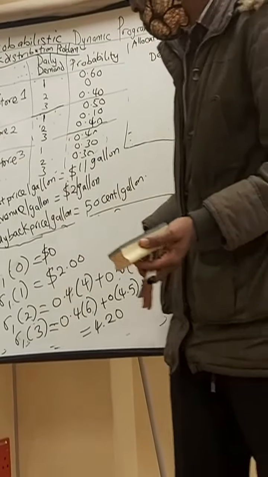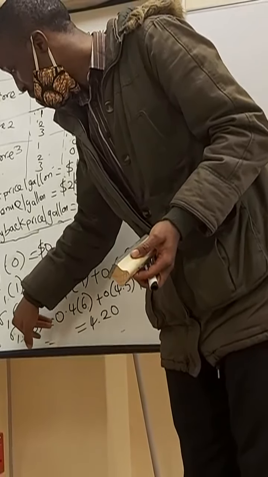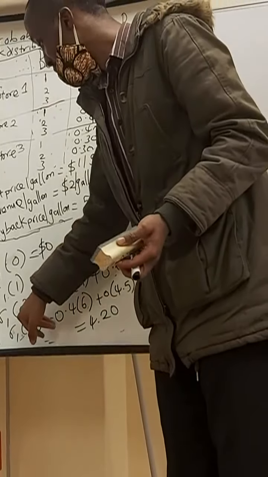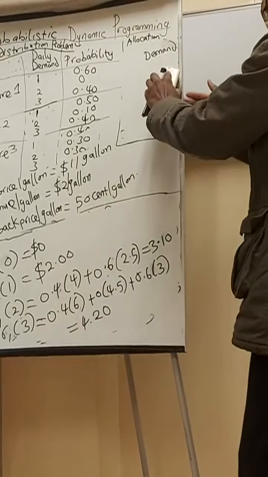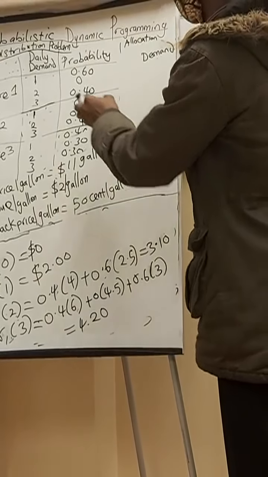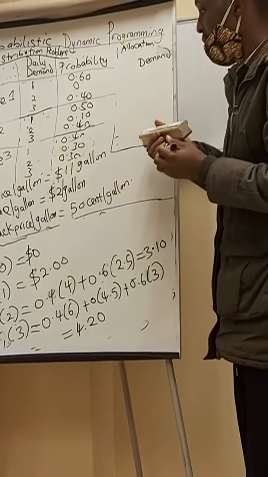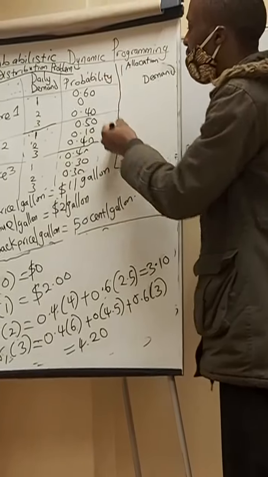So don't forget, if you allocate 2 gallons of milk to store 1, what will our expected revenue look like? That's when you need to go to your store 1 probability information and take into consideration all the chances of the demand that you could have.